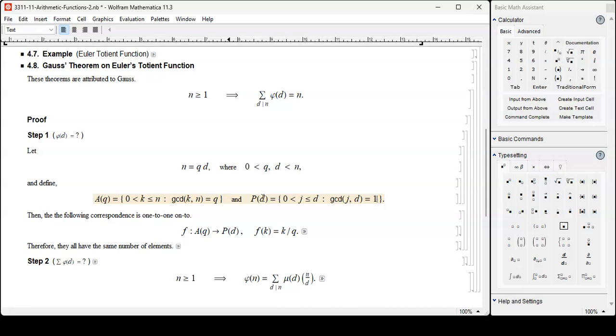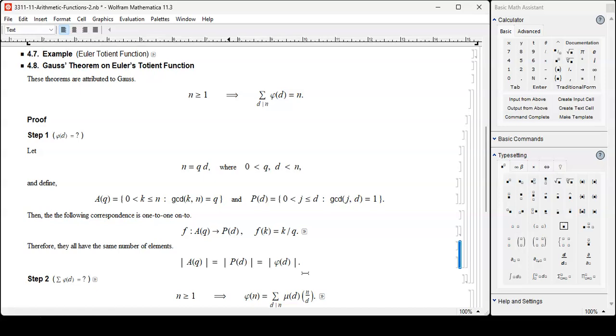Consequently, they share the same number of elements, and therefore, it's this capital A of Q, that's the number of elements, and the number of elements of this capital P of d is phi of d. And these two, that's coming directly from the definition of Euler totient function: the number of positive integers not exceeding d that are relatively prime to d.